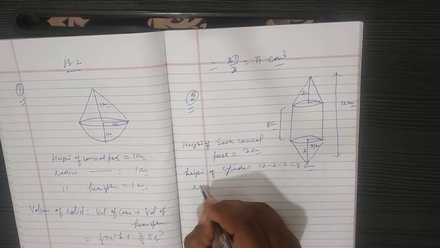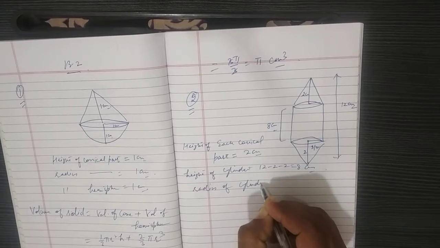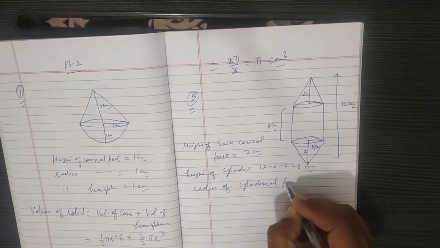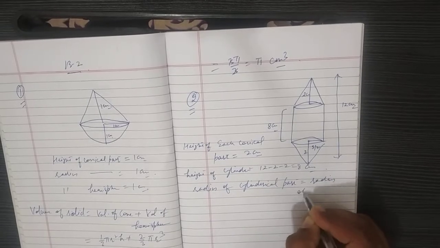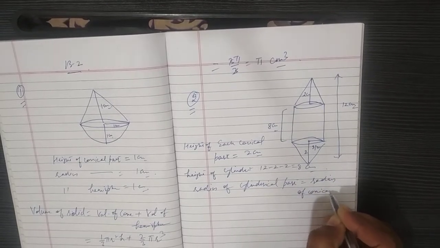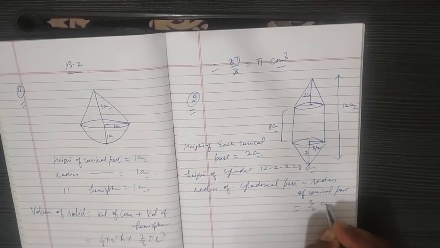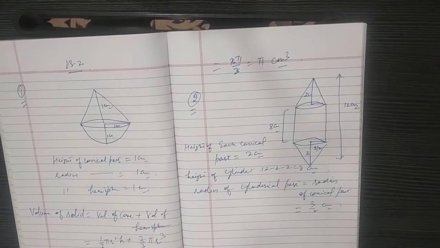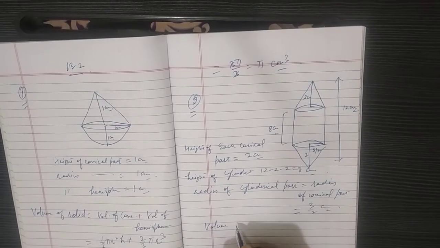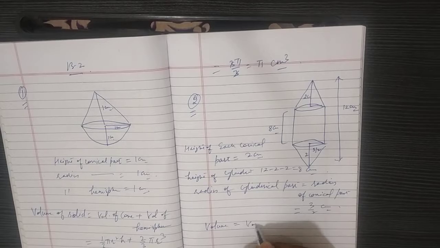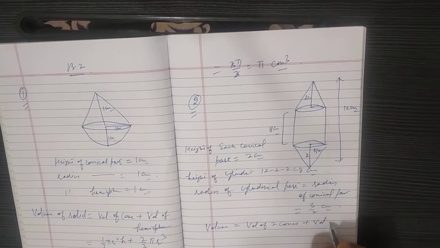Now radius of cylindrical part is equal to radius of conical part, that is equal to 3 upon 2 centimeter. Now we'll find the volume of air present in it. So volume will be the volume of two cones plus volume of cylinder.